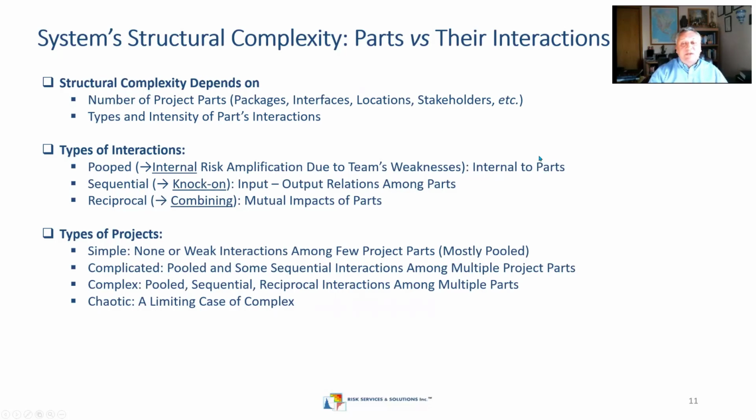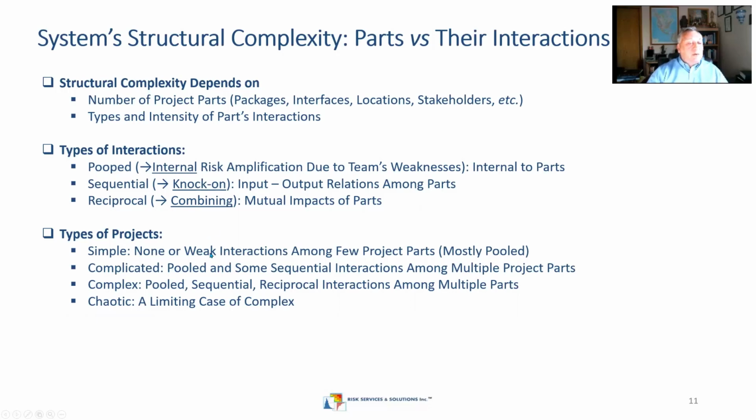Pooled means internal interaction inside standalone parts. Sequential is about relations among the parts when there are input and output relations among the parts. And reciprocal is about combining, when there is mutual impact of parts on each other. So here we will have internal risk amplification due to team's weaknesses, an analog of that, right? Here we will get knock-on interactions, and here we will consider combining interactions, which is the reciprocal interaction, actually, right?